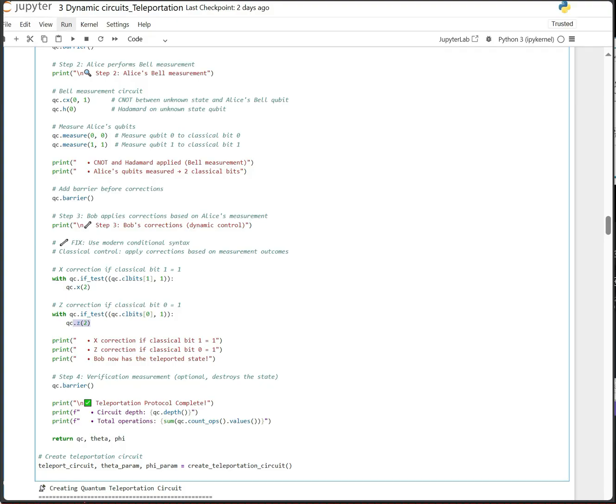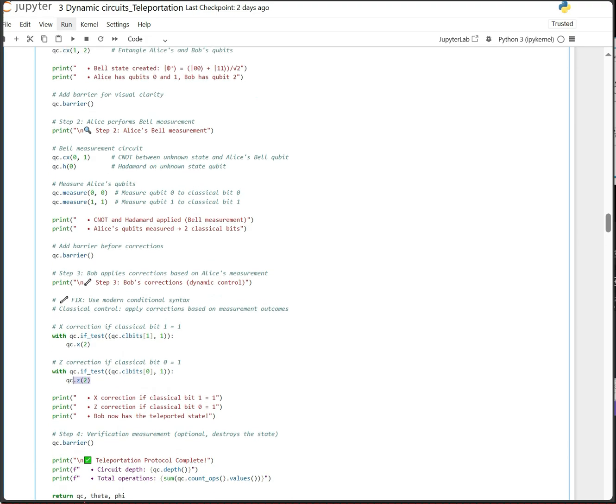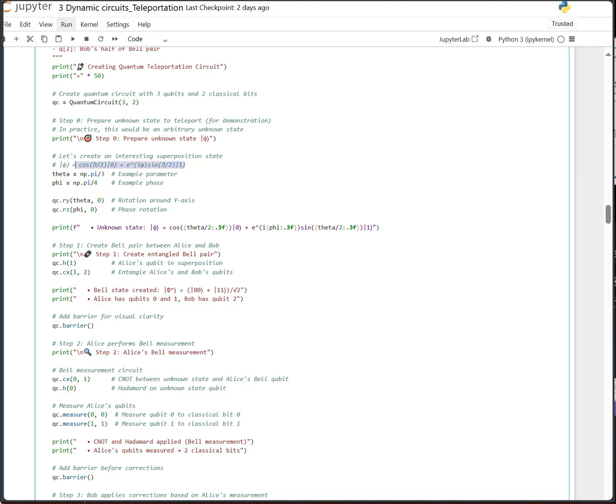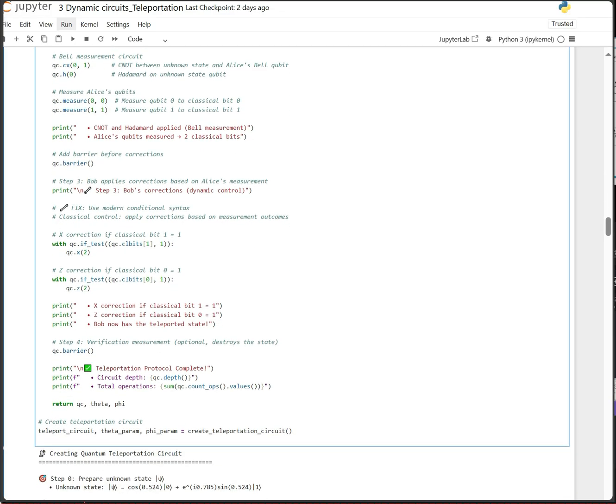But at the end, if you make the calculation, this is always going to transform Bob's qubit into the unknown state qubit, the first one, without actually knowing it. You can just present this general state, which is important. If you present this general state and you check this operation, you notice that this is the way to copy this information into the other one.